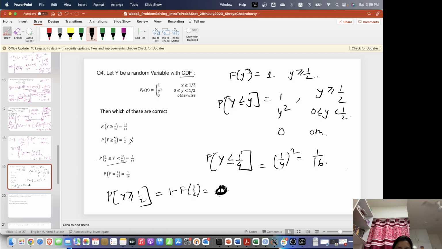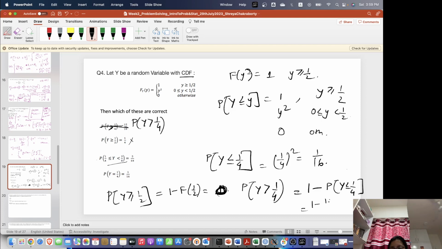So here this thing is given wrong. This is an incorrect statement. So it will be probability y greater than 1/4. So probability y greater than 1/4 will be 1 minus probability y less than or equal to 1/4.